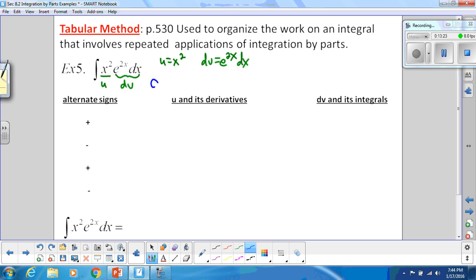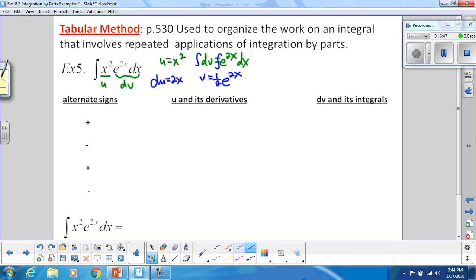So we have du is 2x, and our v, okay, so think about when we integrate this, this is e to the u, so I also need the du inside my integral, which is just 2. So we would have to compensate outside of the integral with a 1/2. So my antiderivative is 1/2 e to the 2x.